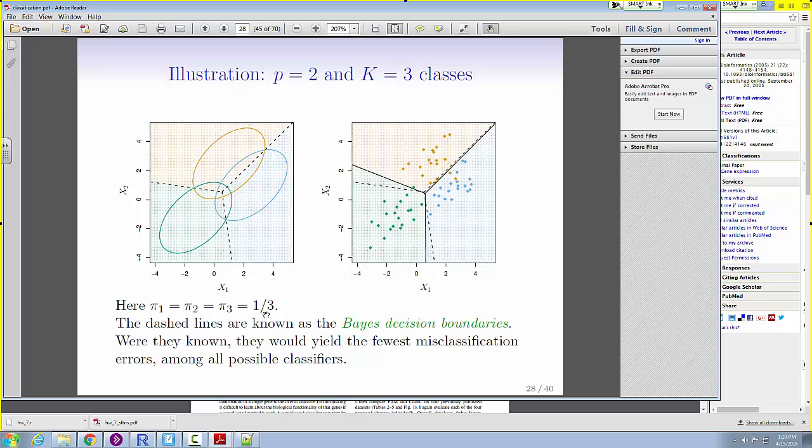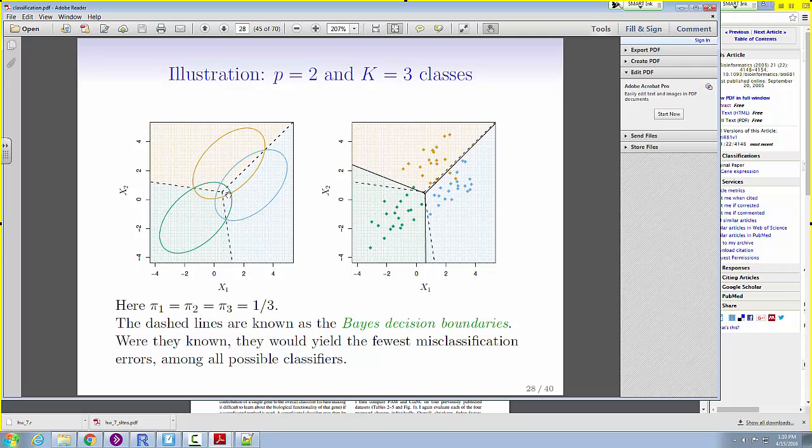Okay, the left panel is like looking straight down on these multivariate normal distributions. You can see there's some overlap between them. This particular simulated case has p equal to 2 dimensions, K equal to 3 classes, and there's not perfect distinction between the 3 classes.